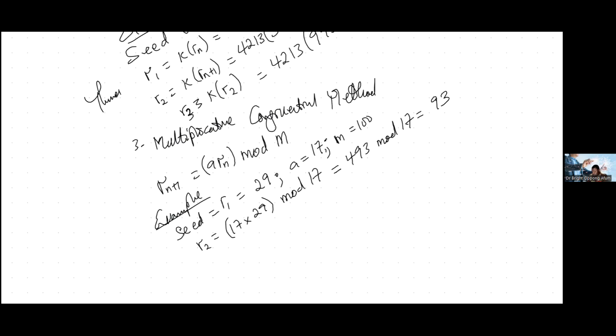So if it's 93, you can later divide by 100 and get a random number between 0 and 1. Right. So the next random number will be 17, which is the constant, times the just computed random number and mod.